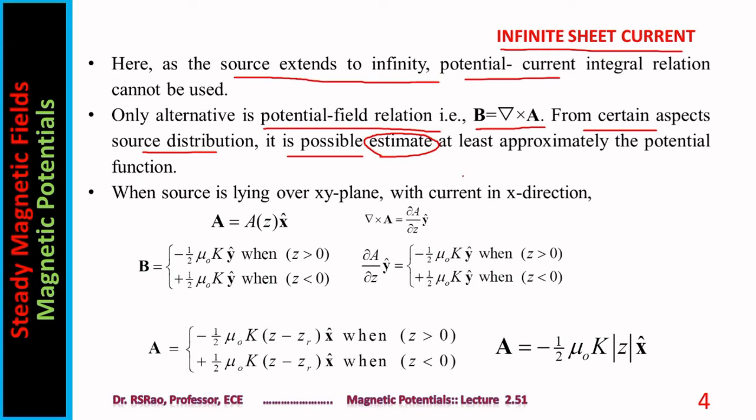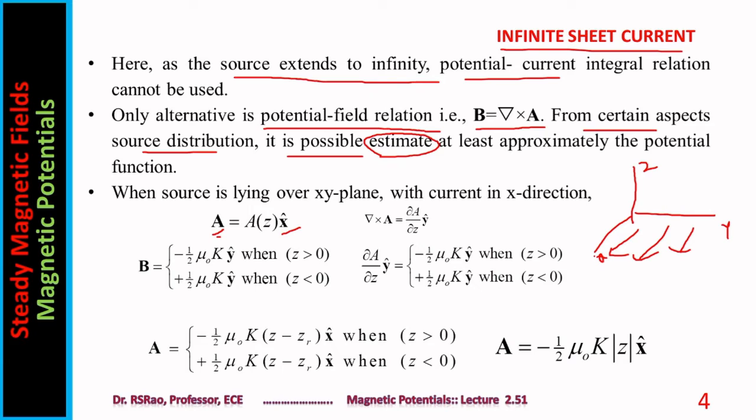So estimation becomes easy if we consider the current distribution lying over the xy plane with current along the x direction. Now the vector potential direction is by definition the direction of current, therefore the direction of potential is x, as current is in the x direction.